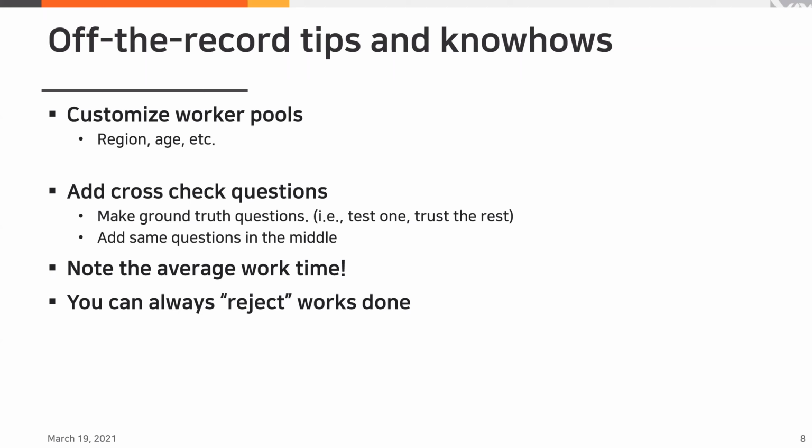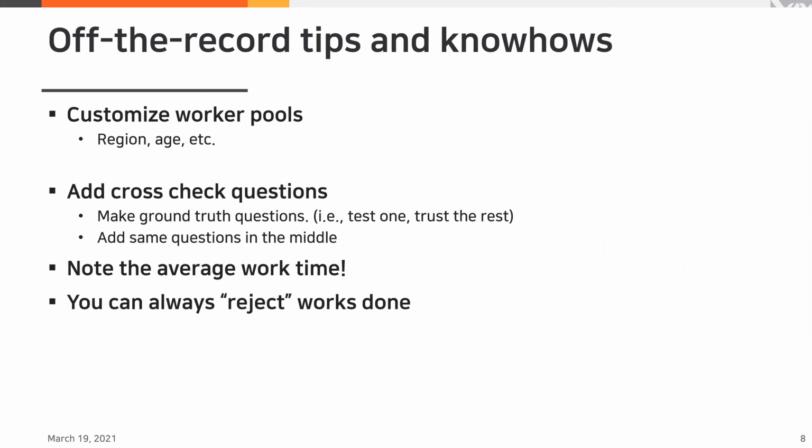To avoid that, you can add some cross-check questions to validate your task results. Do remember that you can approve or decline the work done by workers at any time.